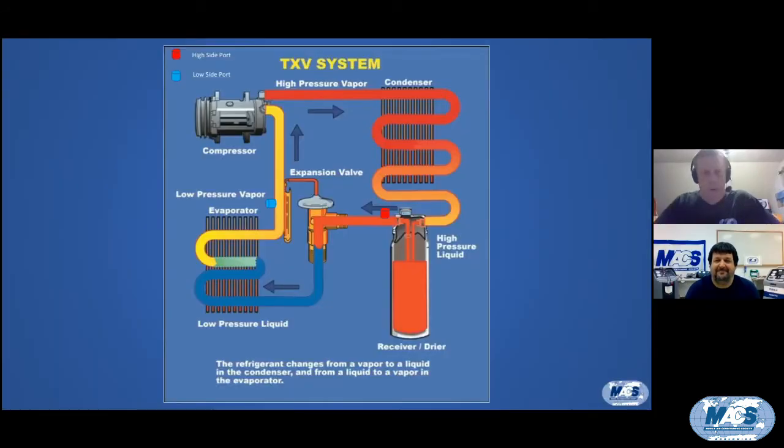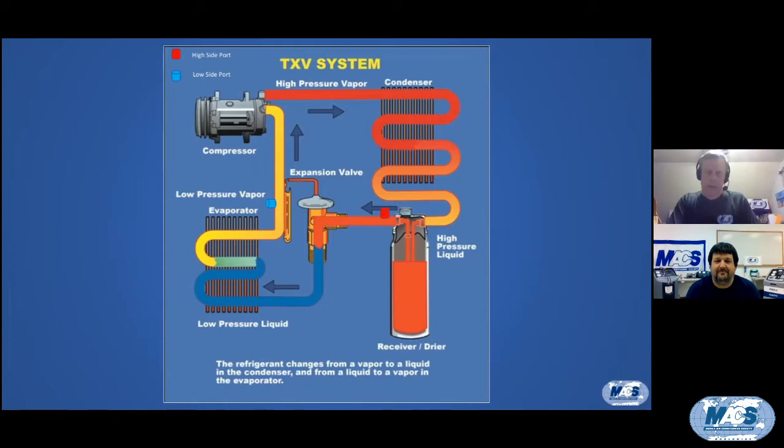Okay, Steve. So, a while ago you were asking me where I would locate the service ports if I had the ability to do so on a system, and also if I had the ability to put as many on it as I wanted to, where I would put them. But before we get into all that, let's take a look at a typical layout here for an expansion valve system. Here we have an old-fashioned expansion valve system.